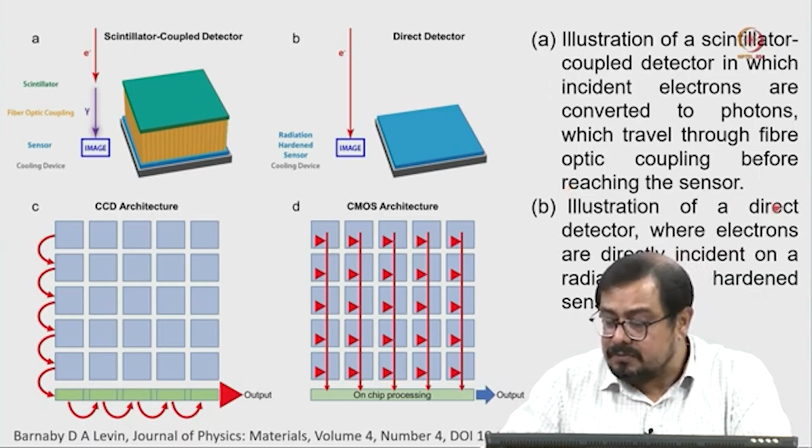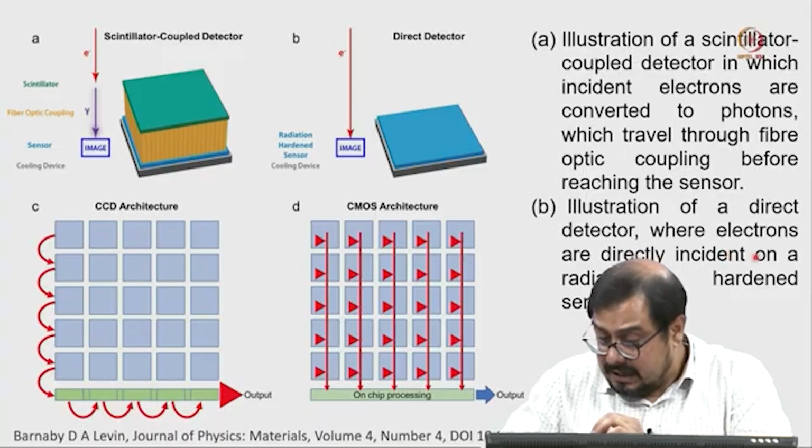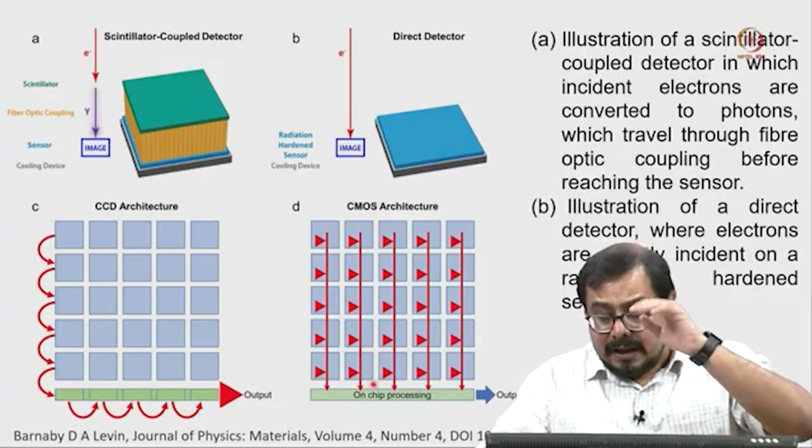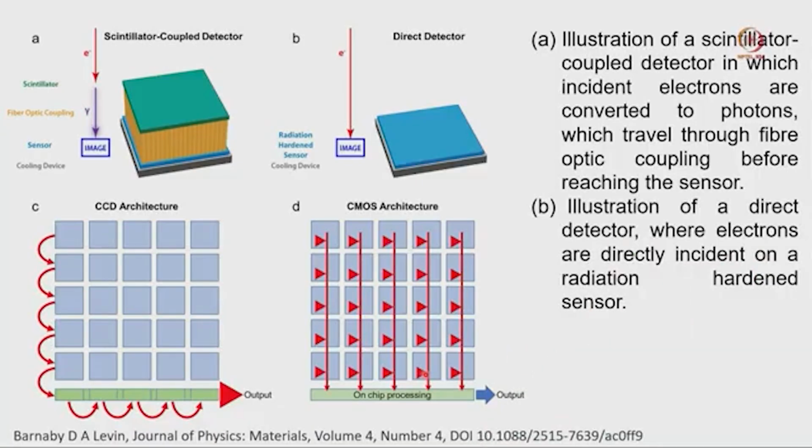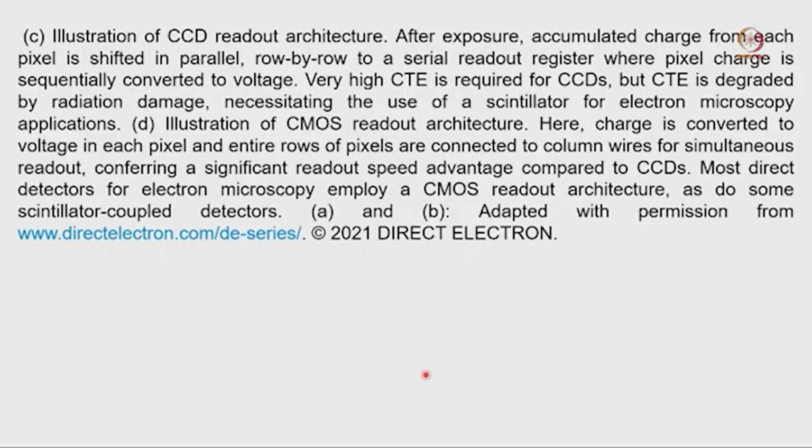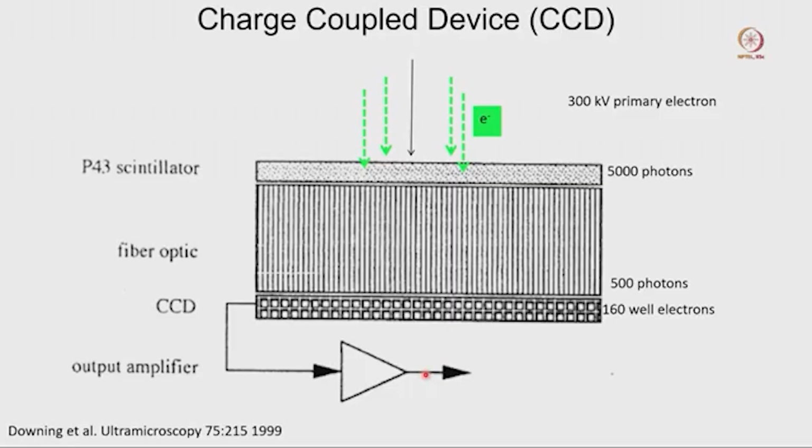Here is the illustration of the direct detector, where electrons are directly incident on the sensor and recorded. These are the two major differences between the direct detector and the normal charge coupled device.